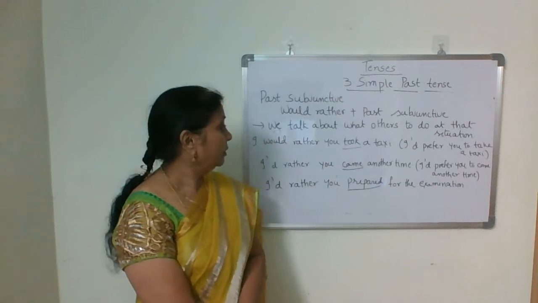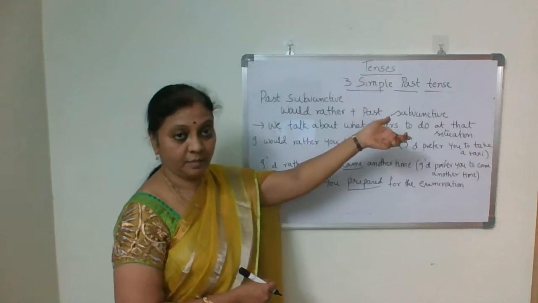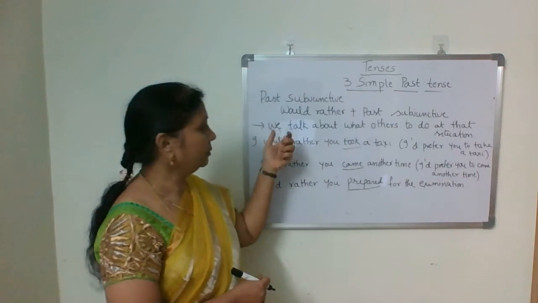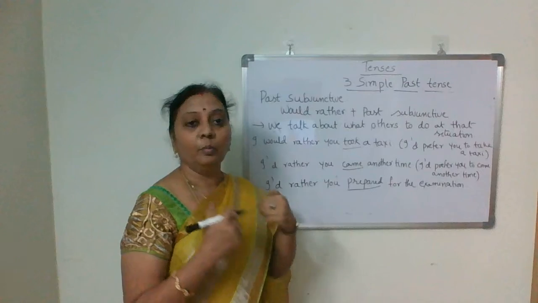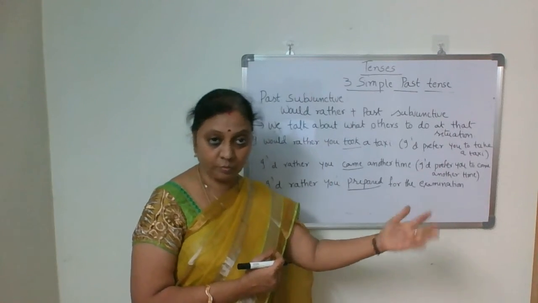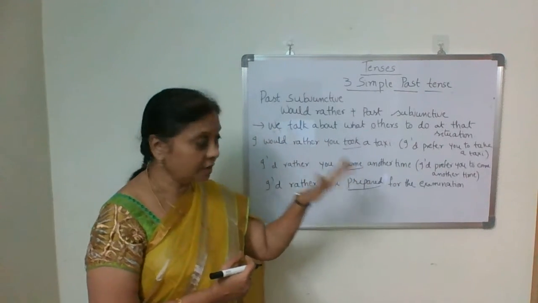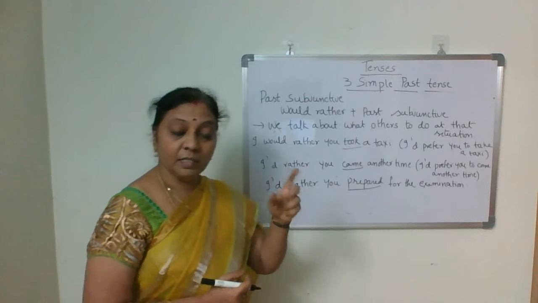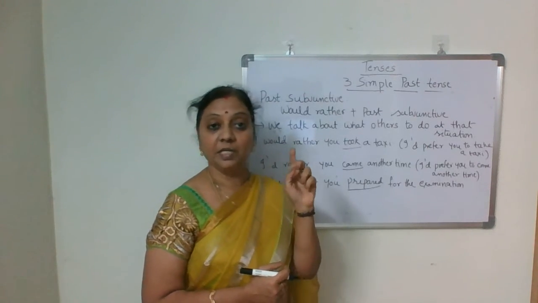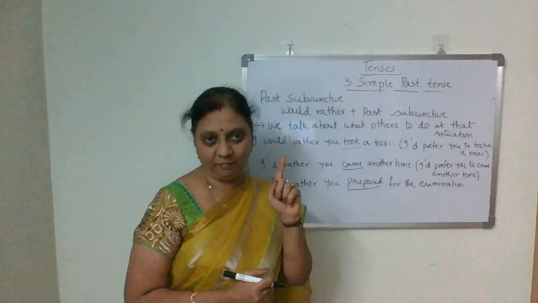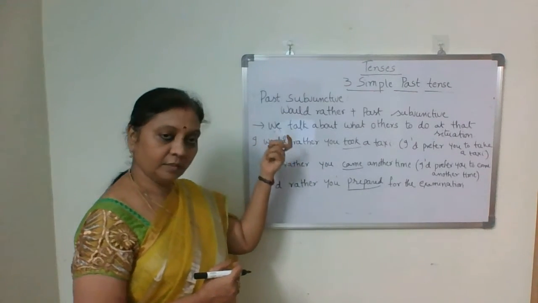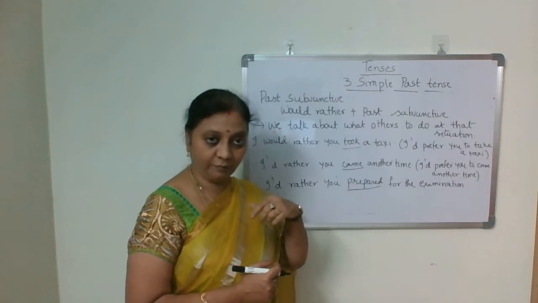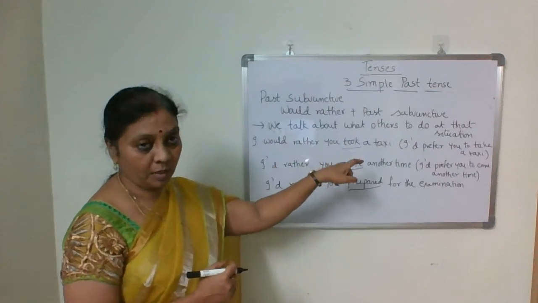If we use would rather plus past subjunctive, it means we talk about what we want others to do in that particular situation. I did this expression with the modal verb would also, but there in a different way. And here we are using it along with past subjunctive.